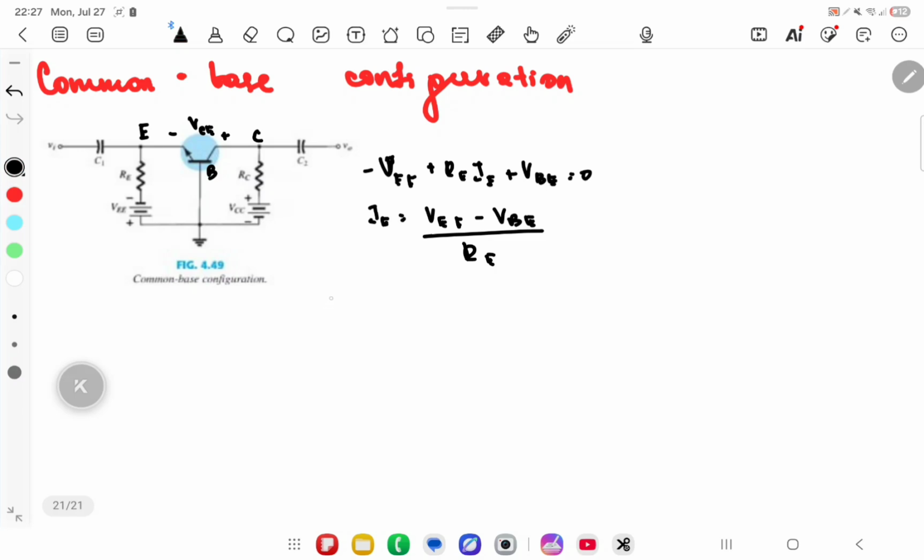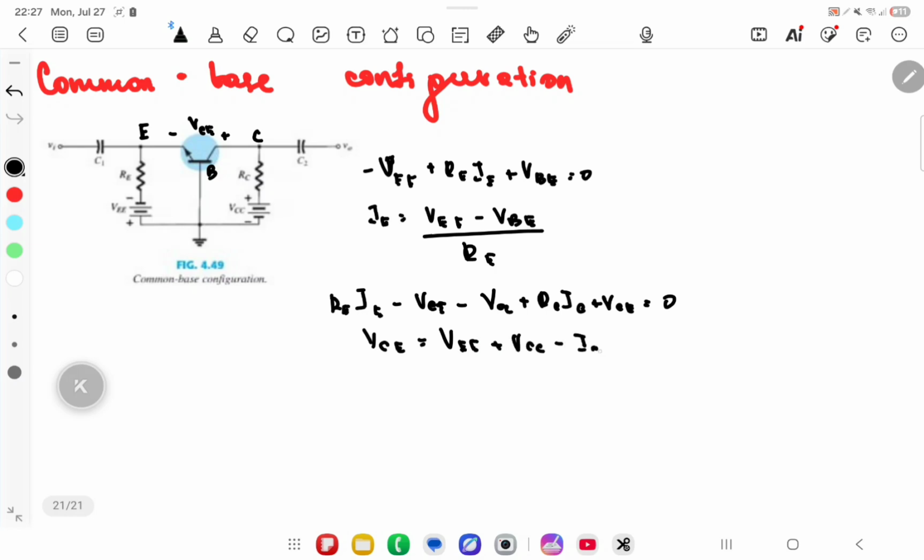So RE IE minus VEE minus VCC plus RC IC plus VCE is equal to 0. So our VCE is equal to VEE plus VCC minus IC (RC plus RE).